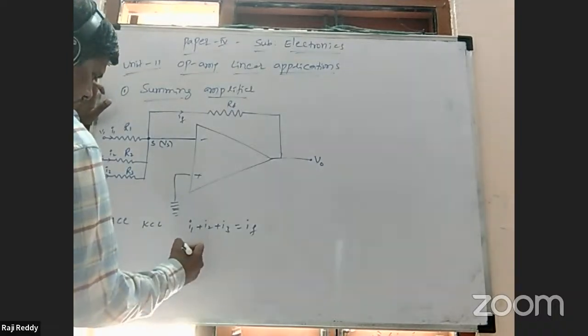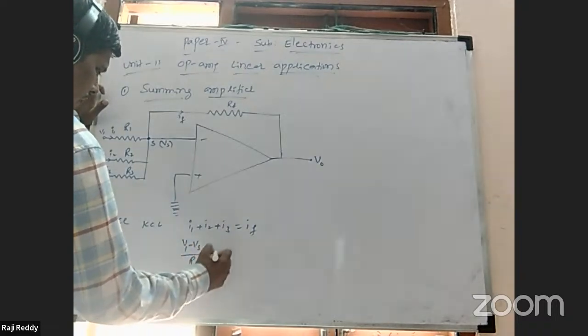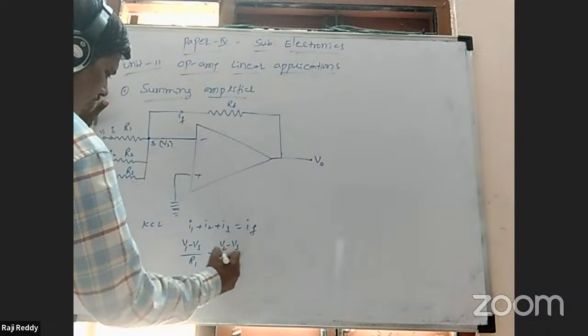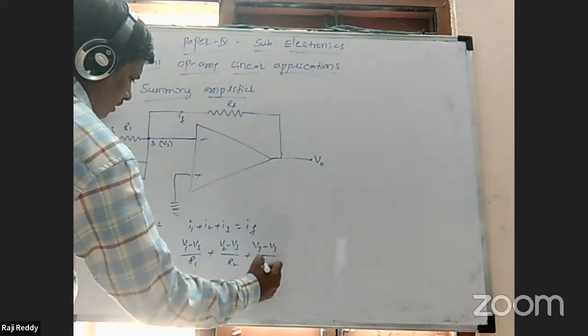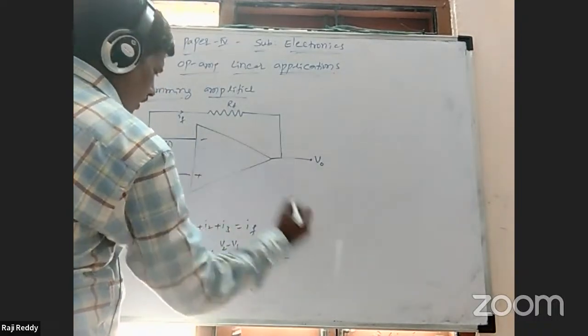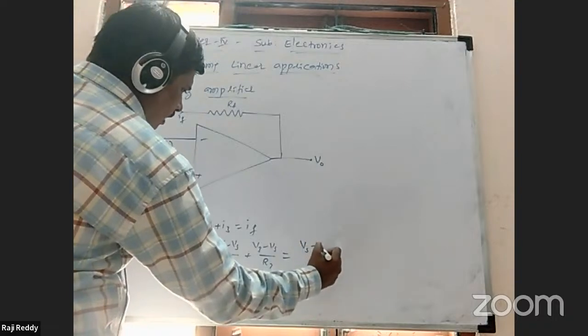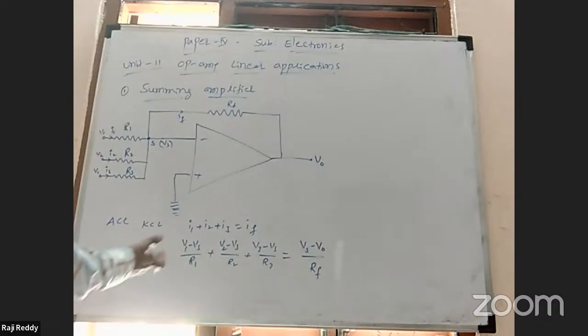So instead of I1, we take (V1 minus Vs) by R1, plus (V2 minus Vs) by R2, plus (V3 minus Vs) by R3, and that is equal to IF, which is (Vs minus V naught) by RF. This is directly addition only.